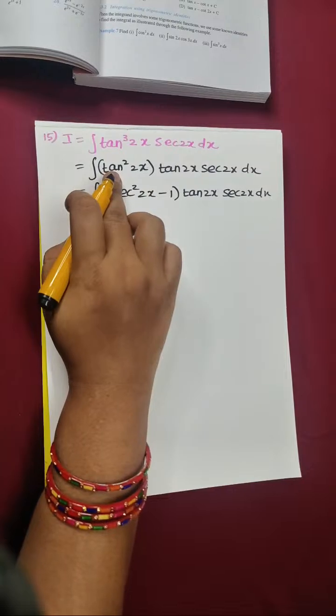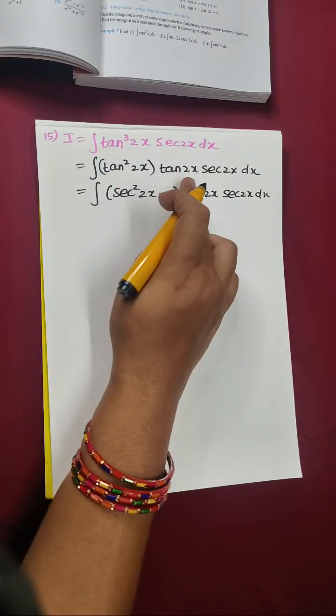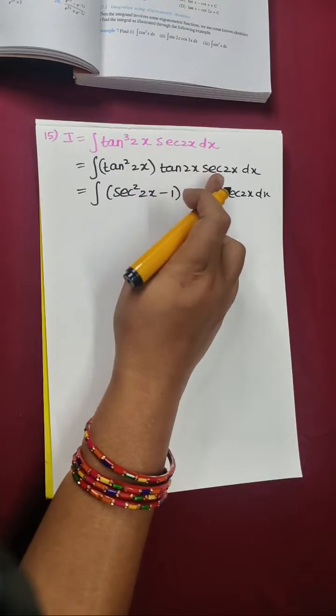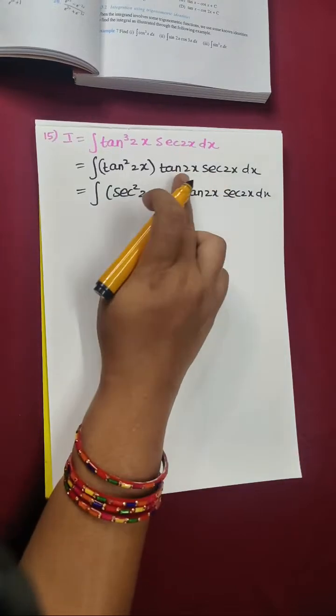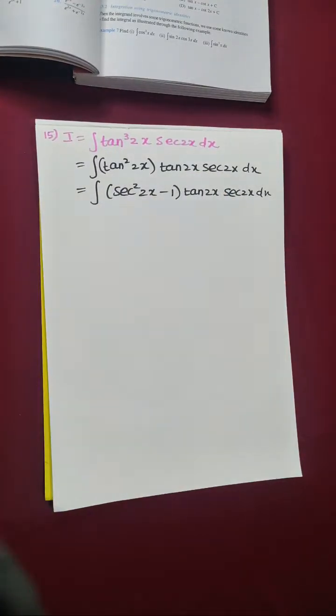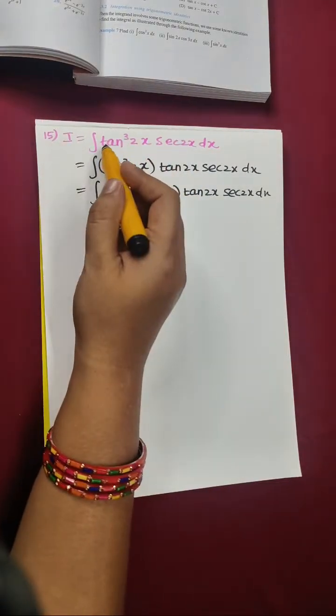If I take tan as t, I will get its derivative as secant square. But what we have as a term is tan into secant. So if I take tan as t, I can't substitute here, because you can have tan cube as it is.